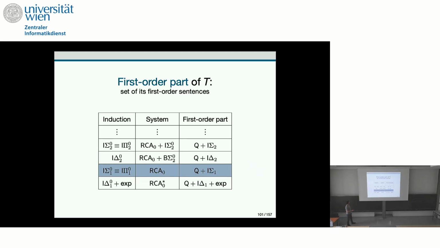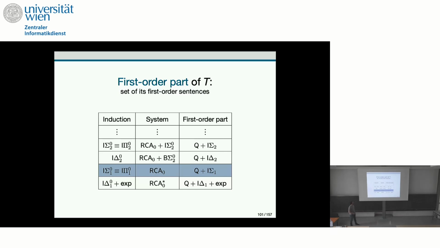It's easy to show that, for example, Q, Robinson arithmetic, plus I sigma 1 is the first order part of such statements of RCA0, because if you take any model of that and just add as a second order part the delta 01 definable sets with parameters in your first order structure, you become a model of RCA0.